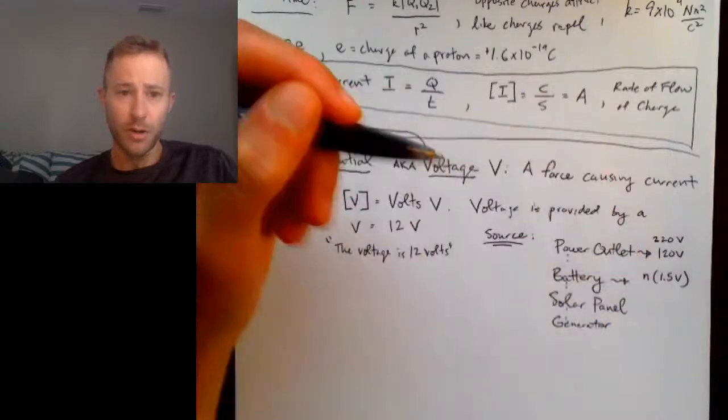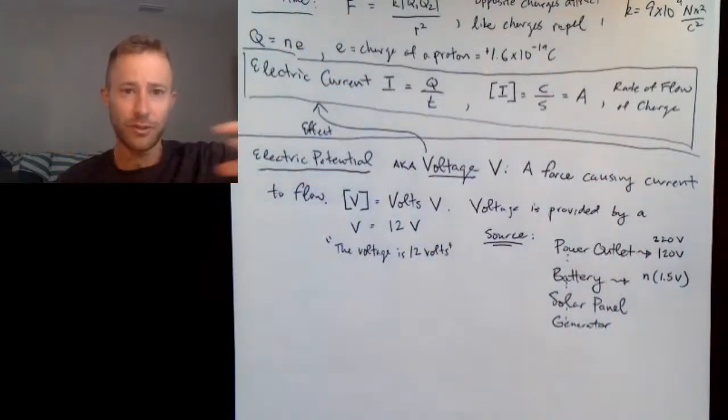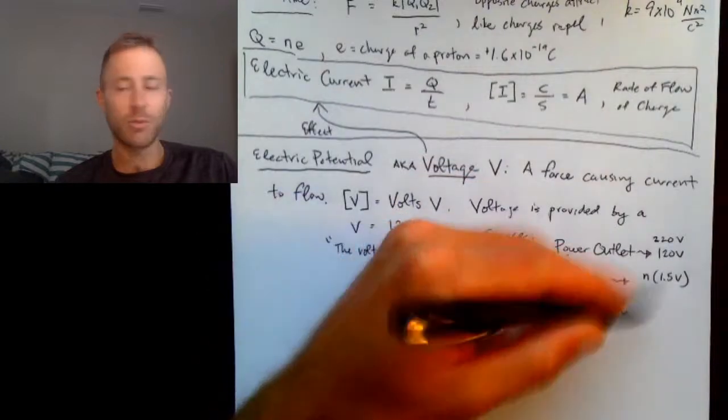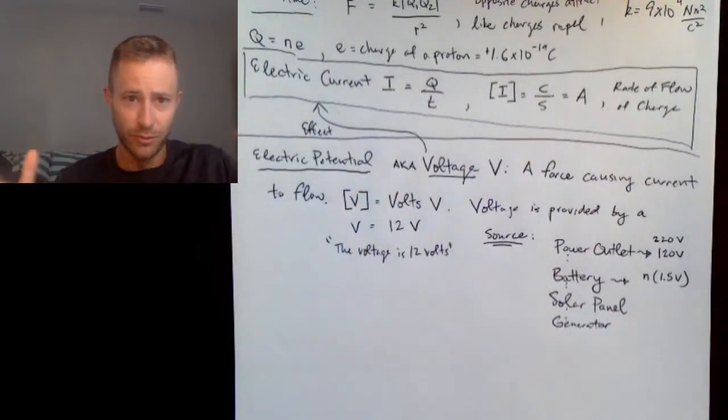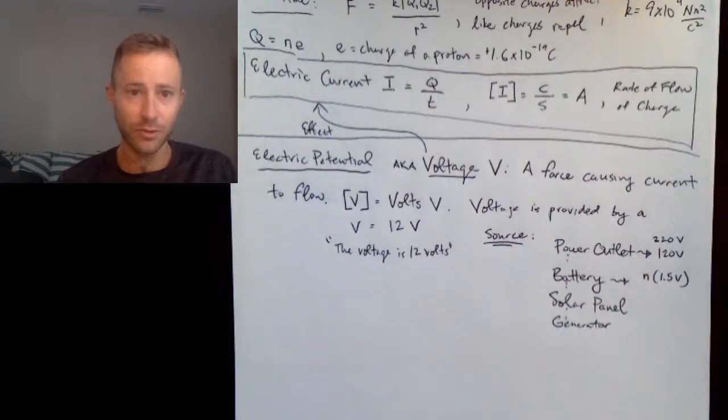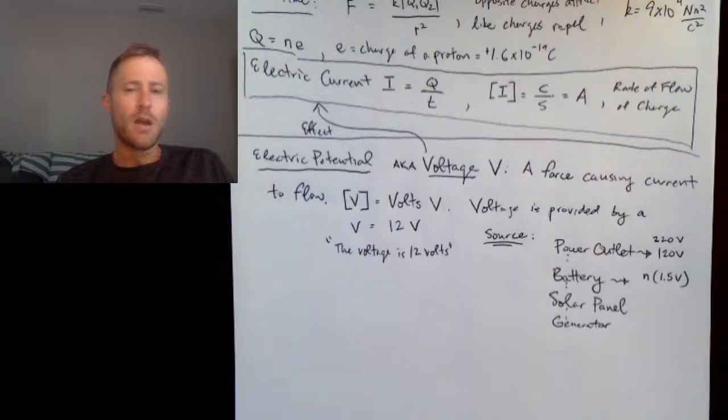But for the most part, a solar panel outputs a pretty consistent voltage, and it's the current that changes with the amount of sun. Generators are going to output 120 volts because they're used to power your house, so it outputs the same voltage as your house.